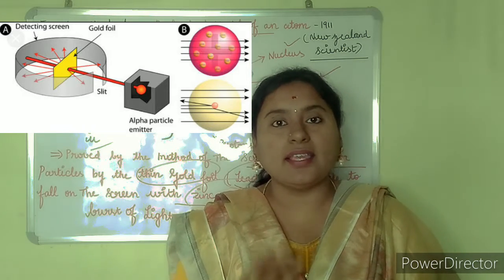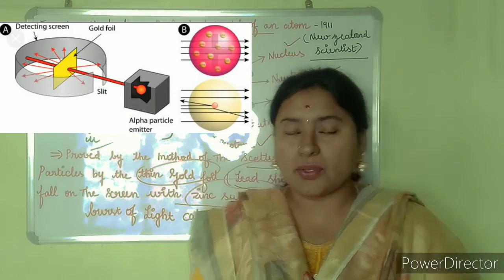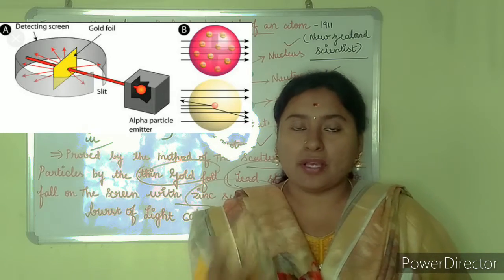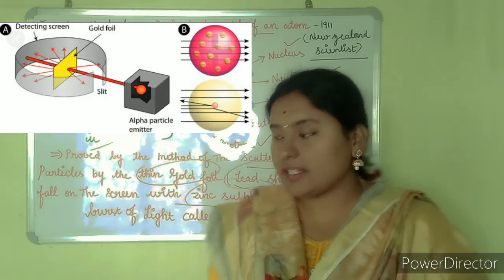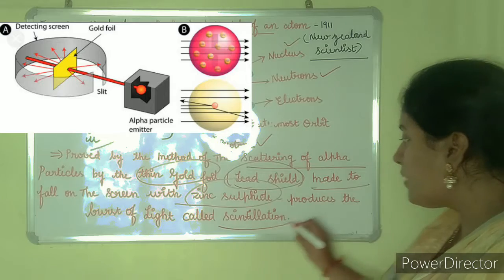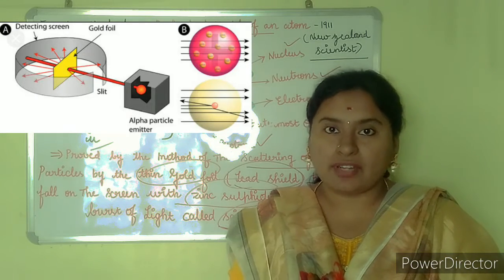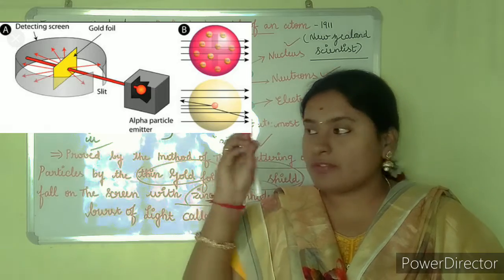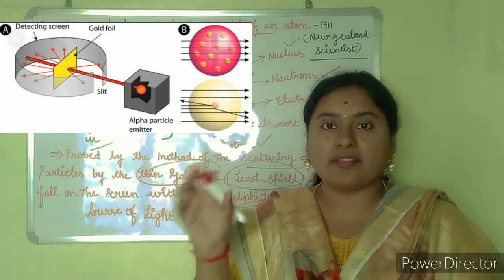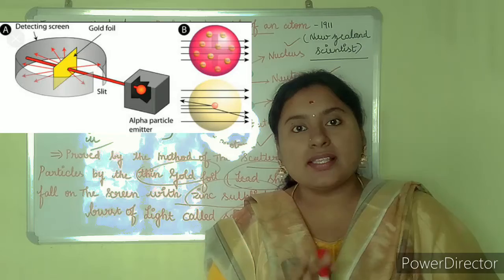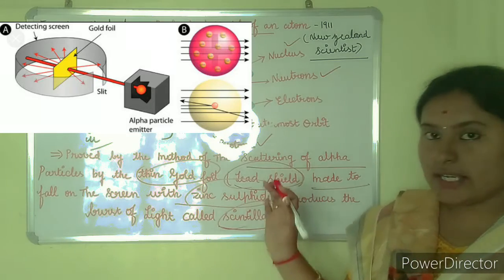That is how we can detect the presence of alpha particles. This sudden production of a huge amount of light is called scintillation. The process of producing a burst of light by the falling of alpha radiations on the zinc sulfide screen is called scintillation.